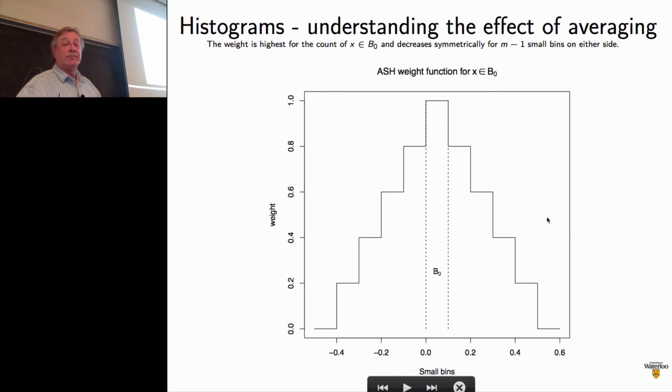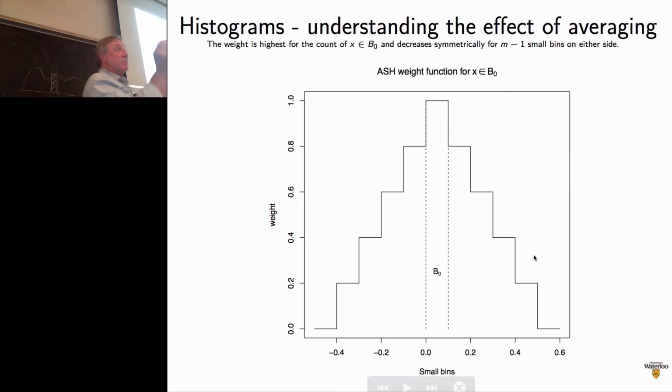It would be a little smoother. We can actually still go down here because we have the same bin width, but it would be a little smoother. So in the limit, you can actually think that what we'd have is just a triangular weight function if we can make m infinite. Okay? Any questions?